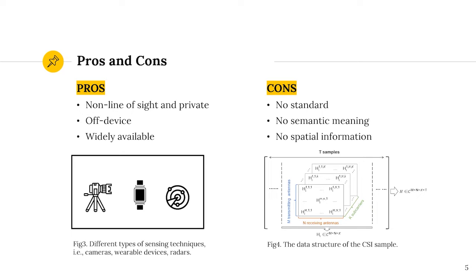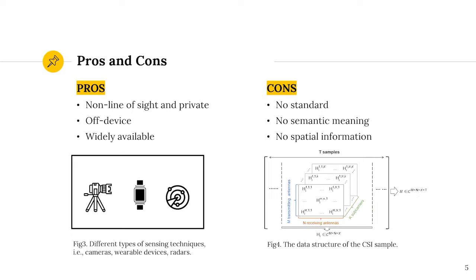In contrast, there are some flaws of this technique. As depicted in Figure 4, the CSI sample is a 4-dimensional complex matrix, and the dimensions are the number of receiving antennas and transmitting antennas, the number of subcarriers, and the number of snapshots.